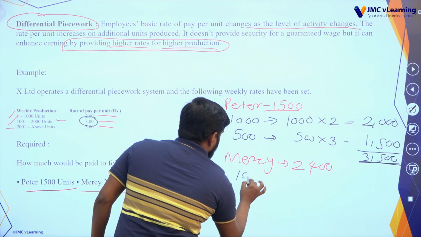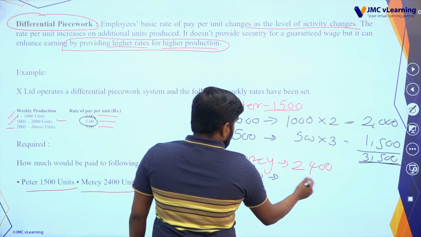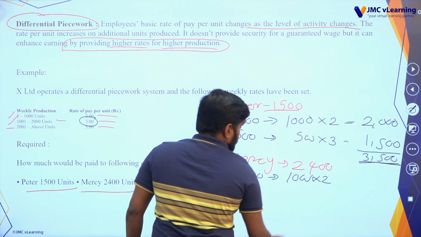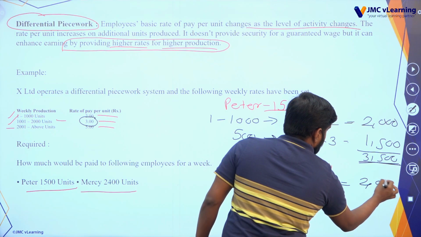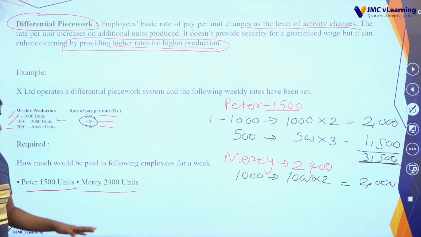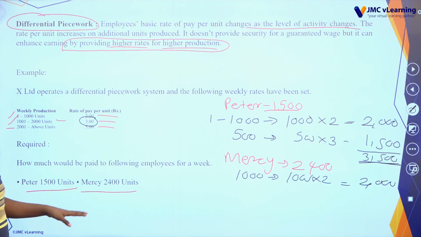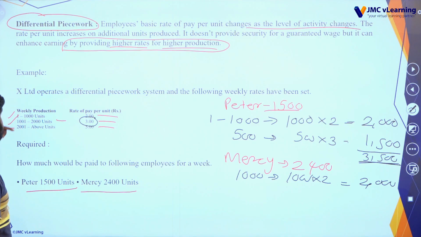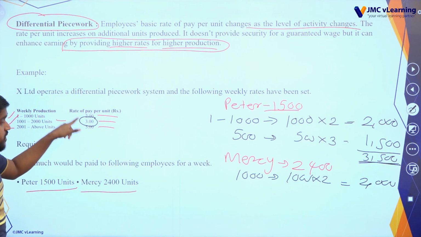For the first 1,000 units produced, he is eligible to get 2 rupees per unit, that means 2,000. Then we have the remaining 1,400 units. As per the rule set, for the second 1,000 units that the employee produced, this employee is eligible to get 3 rupees per unit.